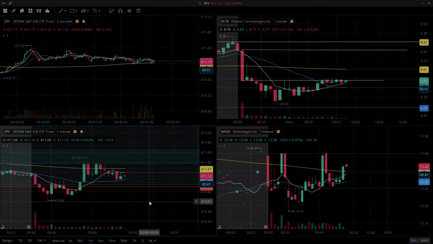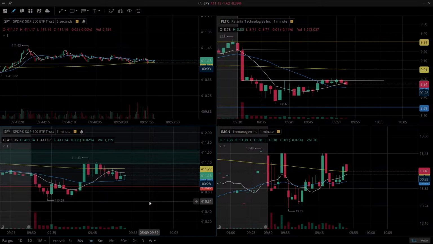PLTR, man, it's just playing right along that pivot. As soon as it breaks that, it's go time, but it can reject. Sometimes you'll get a bear flag out of this and it just breaks over. That happens too. Next support level down there is back at 860, so it can definitely hit that still.